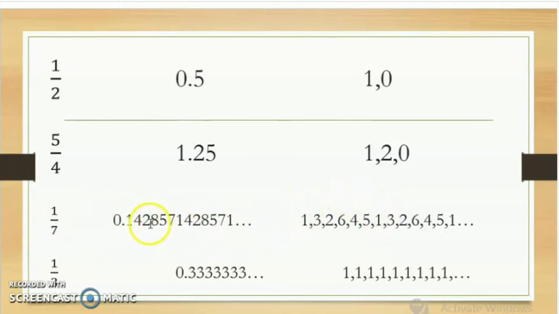So the number of repeating digits and repeating remainders is less than the value of the divisor, which is 7. Here only one remainder is repeating, and it is less than the value of the divisor, which is 3.